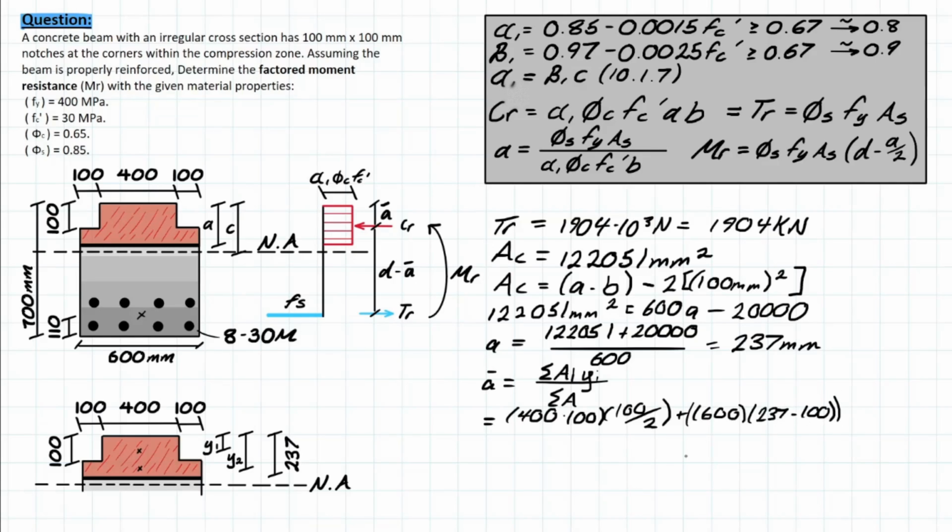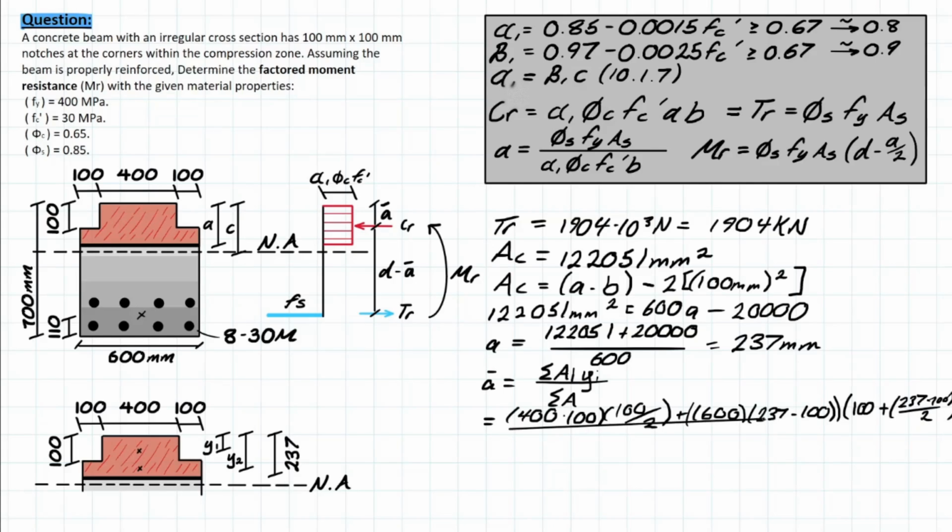I'm not sure if I'm going to be able to squeeze it in on the right, but the depth of this y, or y2, is going to be 100, plus the A value subtracting 100, and then dividing it by 2 to get to the center of this next rectangular section. So that's going to look something like this. I apologize if it's not on the screen, but it's 237 minus 100, divided by 2.